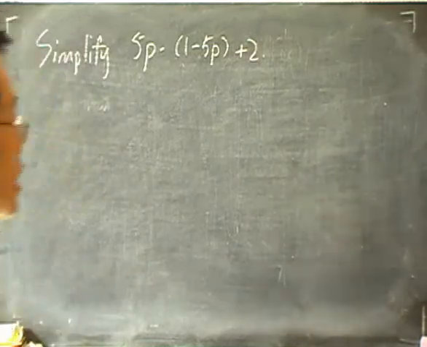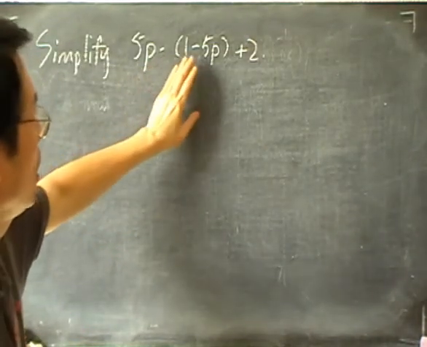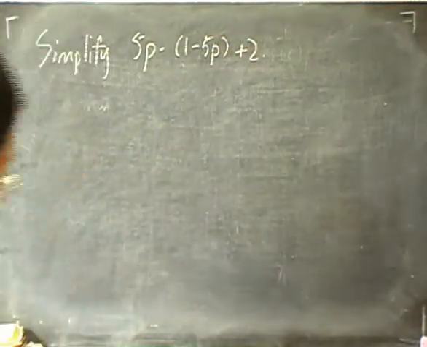We'll start with this example. Simplify 5p minus 1 minus (5p plus 2).